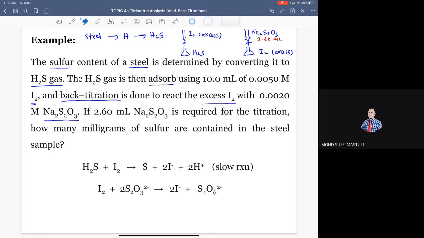Sorry, this is not hydrogen. This is sulfur. How many sulfur in the steel? So it's gram. So we have to determine this one.